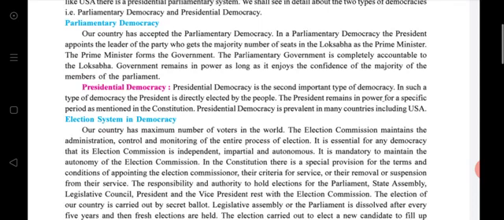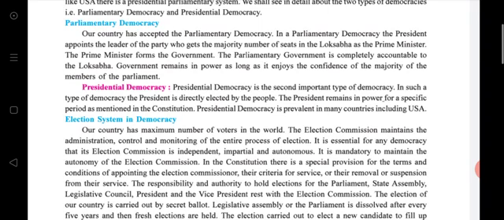Look, there is a thin line of difference between these two types. In the parliamentary system, the president appoints the leader of the party, and in presidential democracy, the president is directly elected by the people. The president remains in power for a specific period. In short, in parliamentary democracy the prime minister is a post, and in presidential democracy, a post like prime minister is not available.